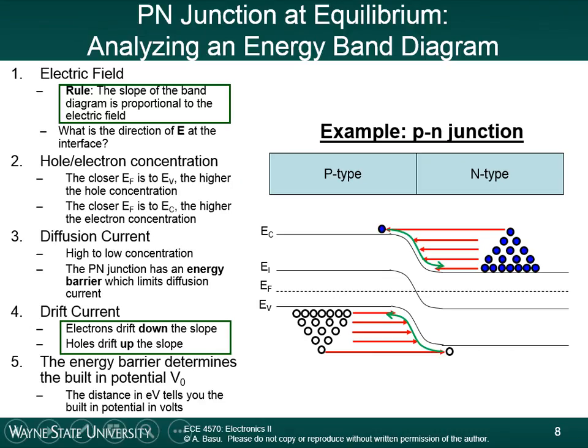So that's this last point here. The energy barrier determines the built-in potential V0. The distance here in electron volts, so how much bending we have here in electron volts, tells you what the built-in potential will be in volts. So for a typical diode that has a built-in potential of like 0.6 or 0.7 volts, the amount of bending in the energy band diagram will also be 0.6 or 0.7 electron volts.